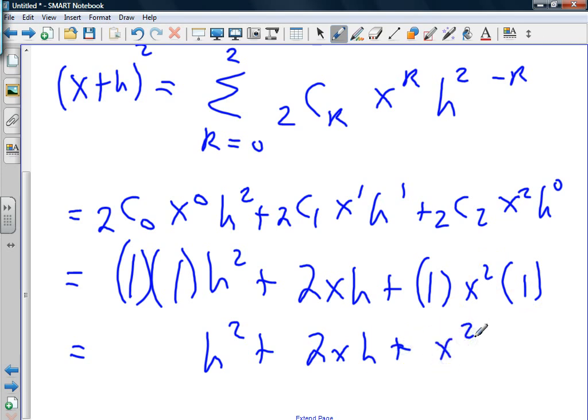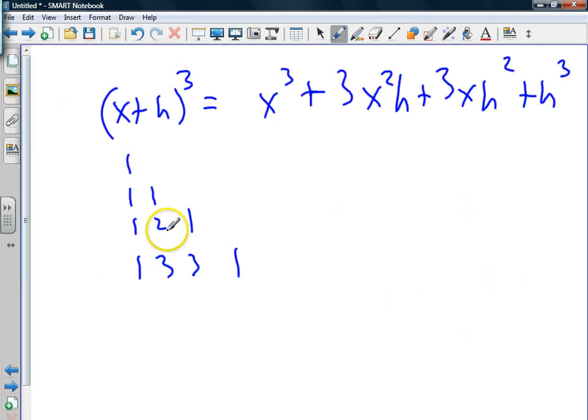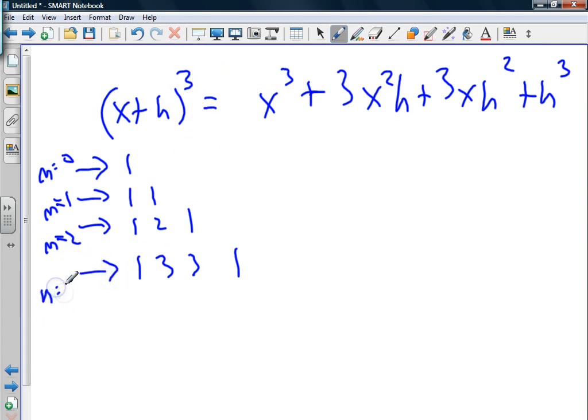So this works for any n. n could be 3, 4, 5, 6, 12, 5 million. I don't care. The C0, C1, C2 are the numbers from Pascal's triangle. But that happens to be a fluke. If I let this be n equals 0, this is n equals 1. The row here is n equals 2, which in the binomial expansion theorem has to do with the exponent. That's the line that we want. And this is row n equals 3.